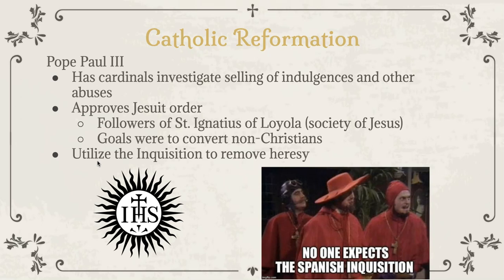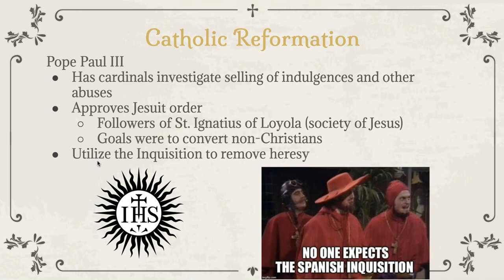A lot of Jesuits are also tied into churches and educational institutions, again with the idea of converting non-Christians, but also making sure that the academic side of theology was preserved moving forward as well.